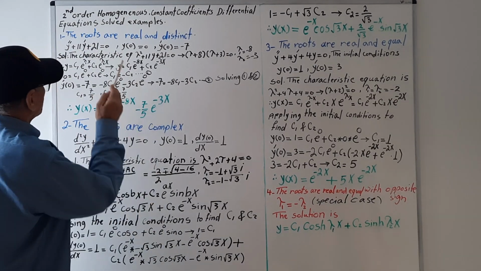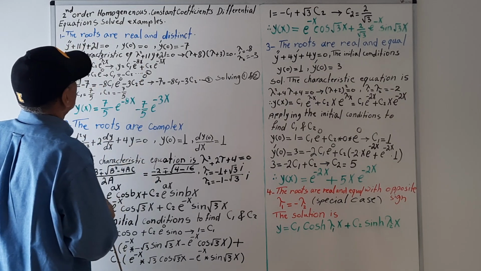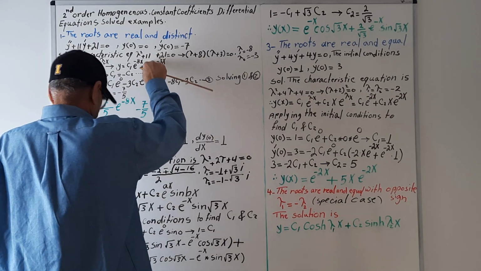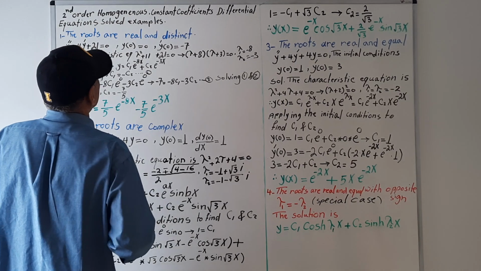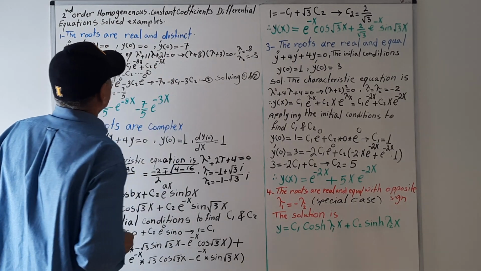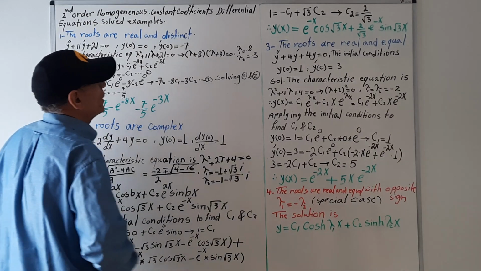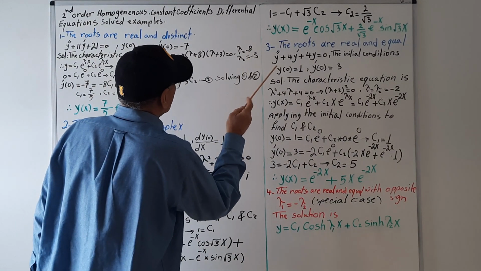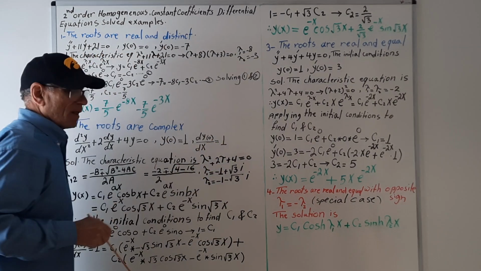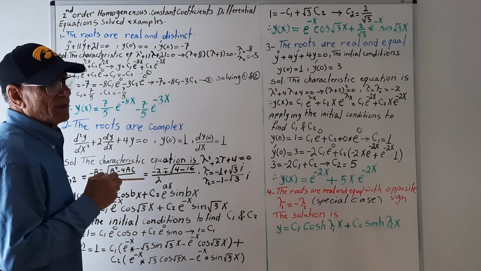The characteristic equation, lambda square plus 11 lambda, sorry, here is lambda, plus 21 equals 0, so the roots are lambda 1 equal minus 8 and lambda 2 equal minus 3. They are real numbers but different. They are not equal.